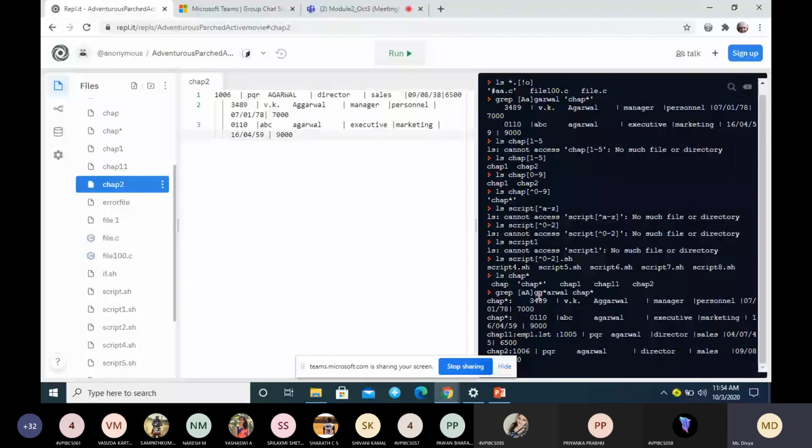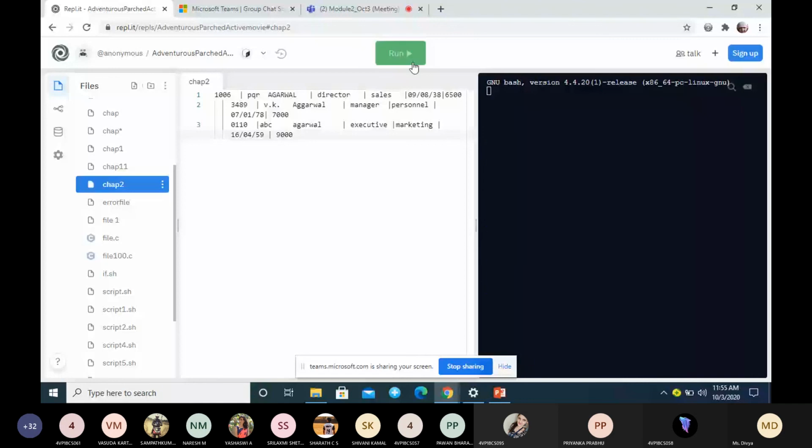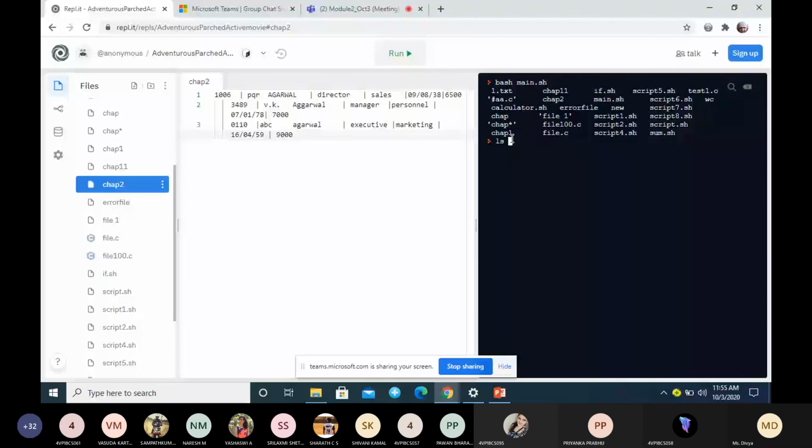So let me execute for this file, chapter 2. Not ls, grep. First letter can be either capital or small letter A. The next one can be one single G or it can have G star.